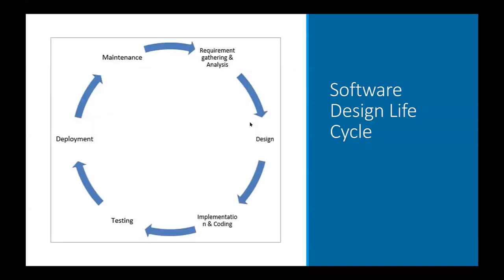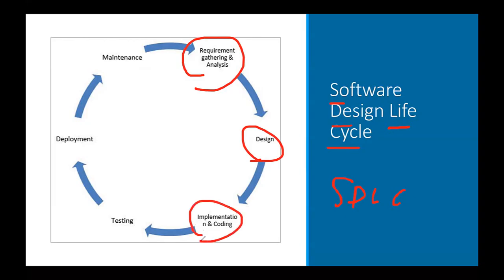And the first one you need to know is SDLC, software development lifecycle, starting from requirement analysis, design, and then implementation, and then testing, and then deployment. Deployment means that you send it to the website or you send out as a CD-ROM to dispatch it. Then next one is the maintenance of the software.